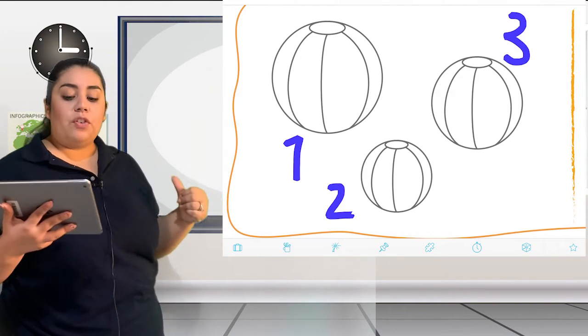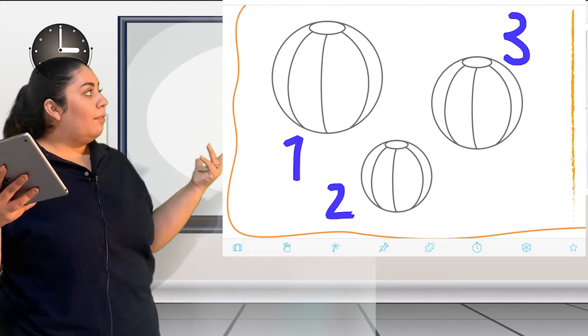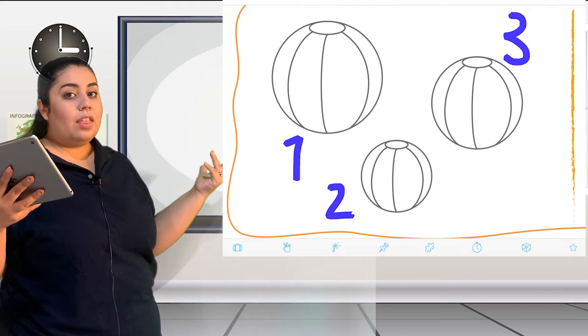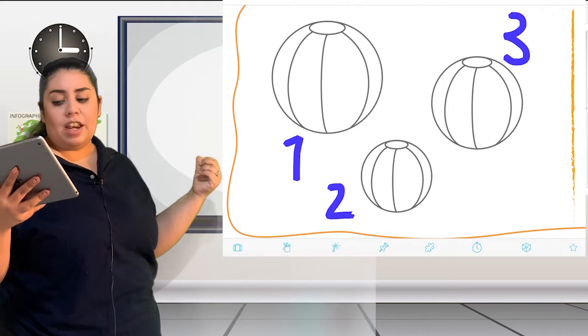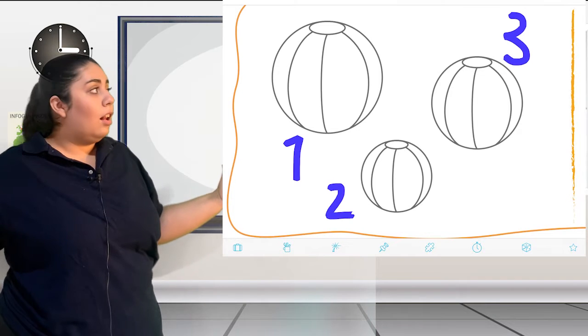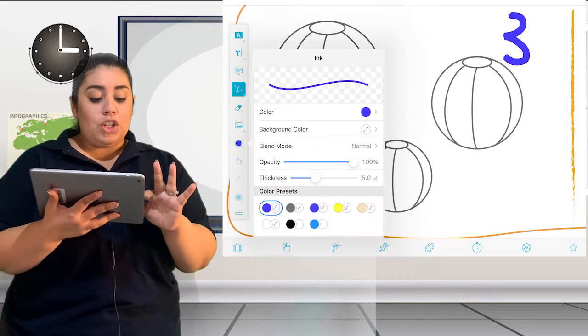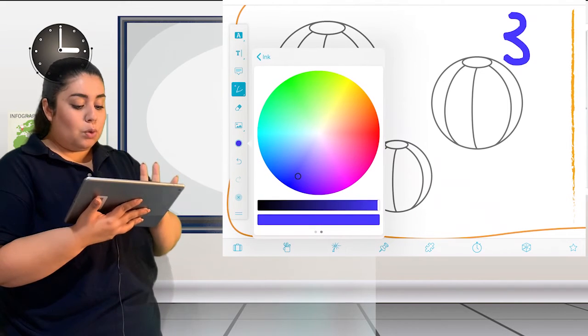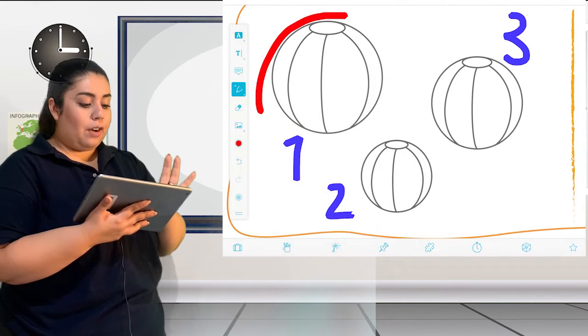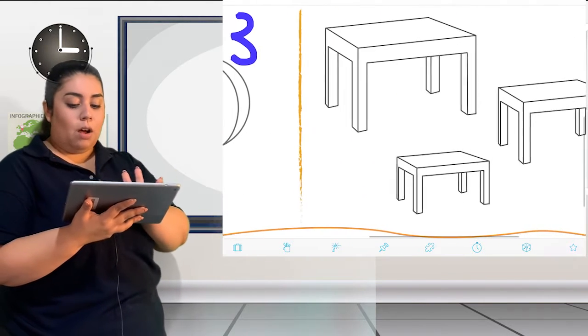Which ball over here is the biggest? The number 2 is the biggest, la más grande? No, the number 1. Very good. So the one that is biggest, we are going to circle in red. Biggest. Not yet on the smallest.